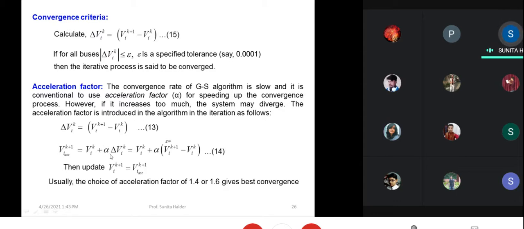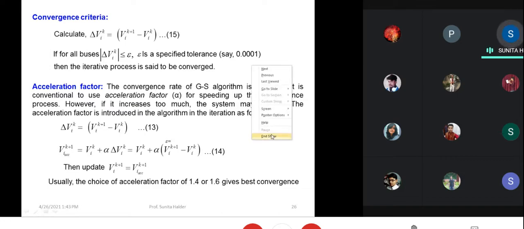Alpha is greater than 1, like 1.6 or 1.4. So instead of the direct del V, we are increasing the deviation. It is seen that with this acceleration factor, the convergence gets faster to some extent. So finally it will be alpha into (Vi k plus 1 minus Vi k). The final value of that iteration will be the accelerated value.